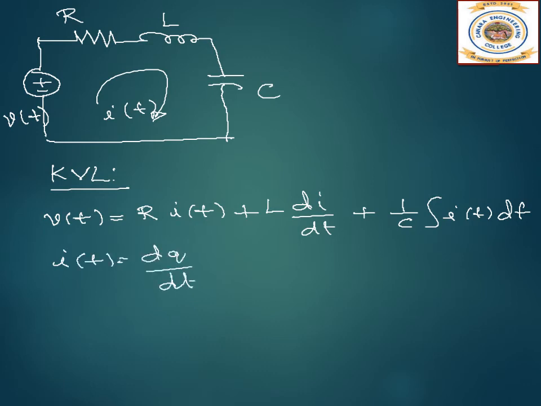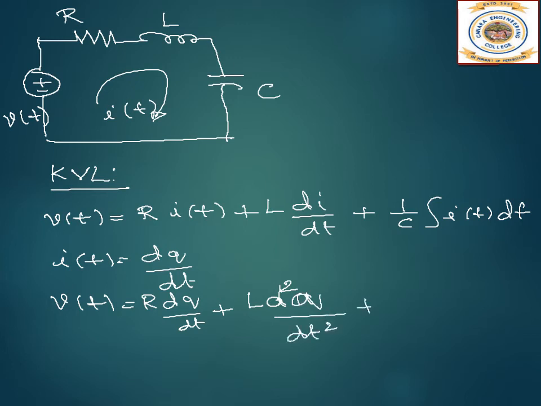So let us substitute this in the above equation. So V of t will be equal to R into dq by dt plus L into di by dt, so L into d square q by dt square, plus 1 by C into q.